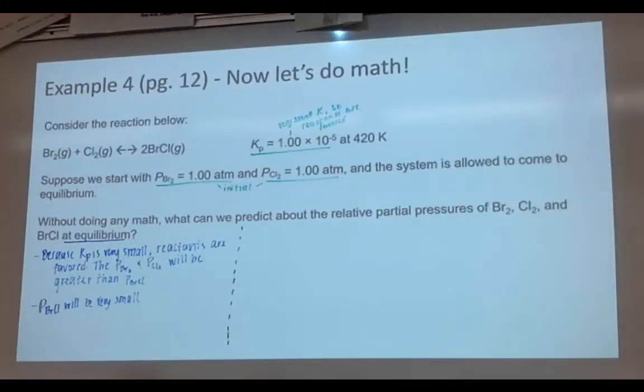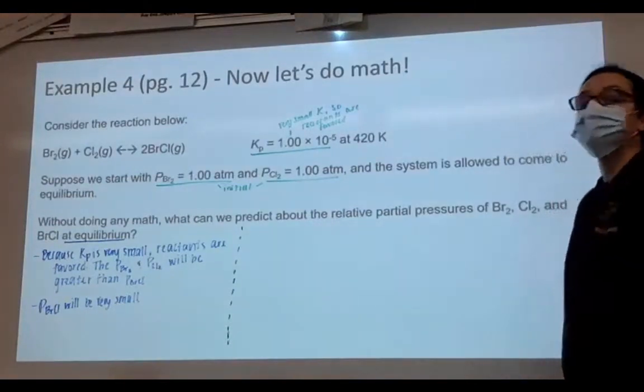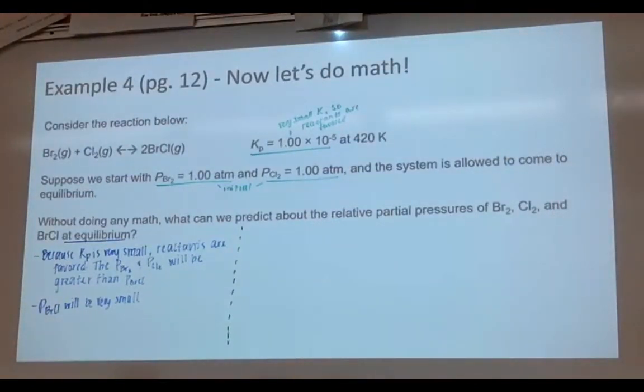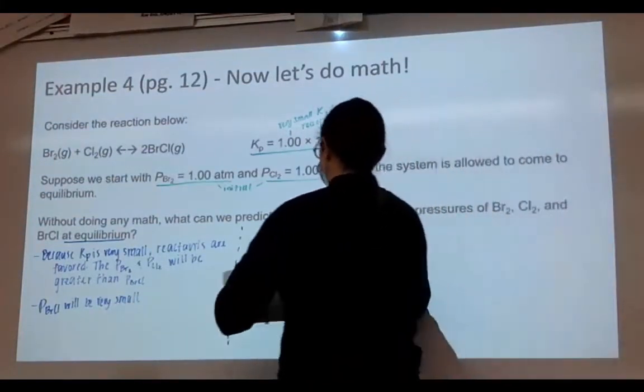So now what I actually want us to do is calculate what the pressures will actually be at equilibrium. So this is going to practice with our ice tables. So if we want to actually calculate, I'll kind of write this right here.